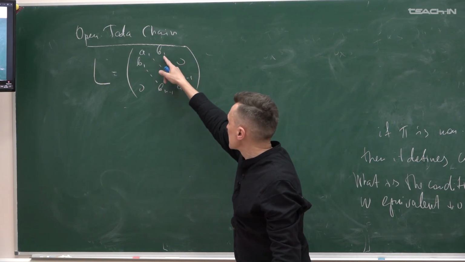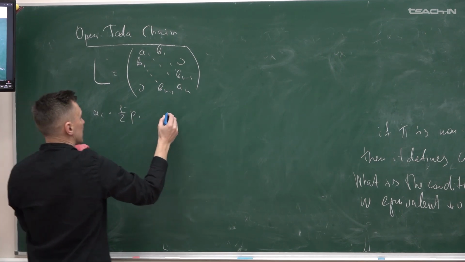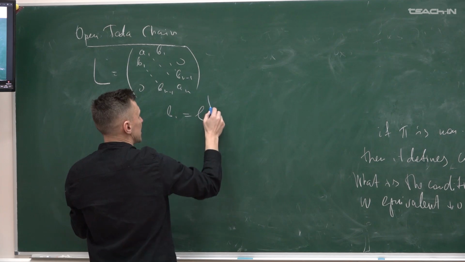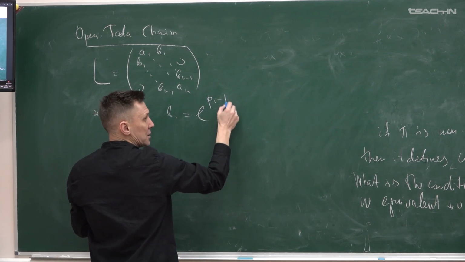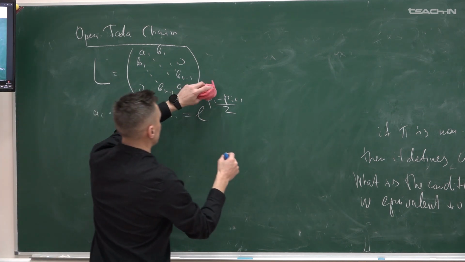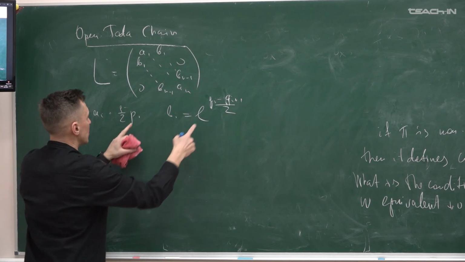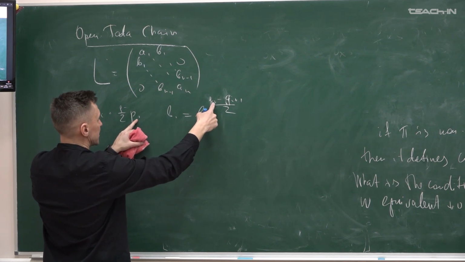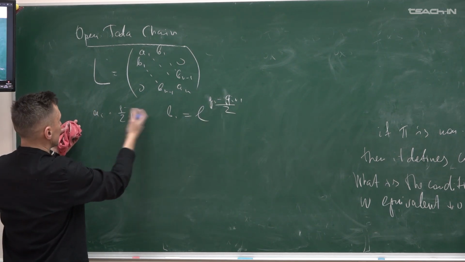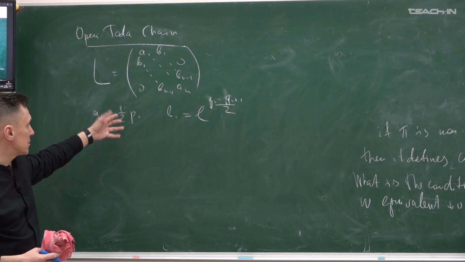So you remember that the A are just momenta, and the B_i are some exponential of the positions Q. If we start with the standard Poisson bracket in terms of positions and momenta, we get some Poisson bracket between A and B. These are Flaschka coordinates for the open Toda chain.